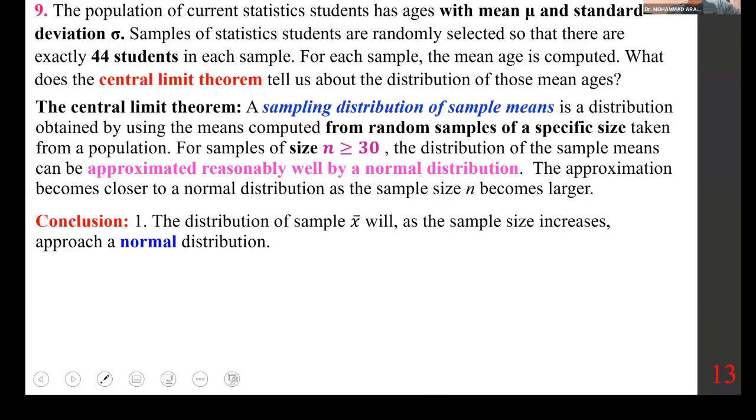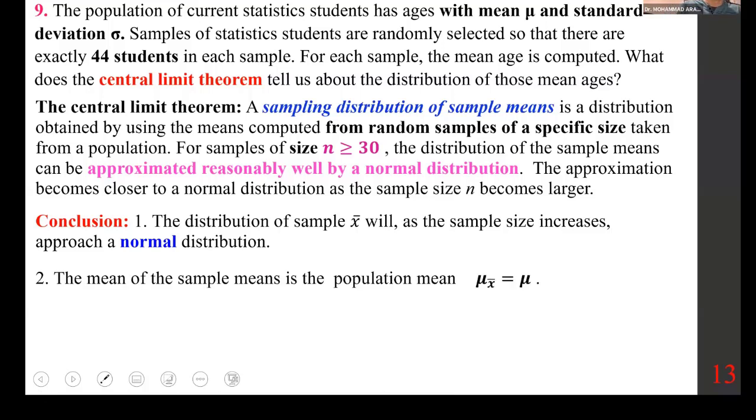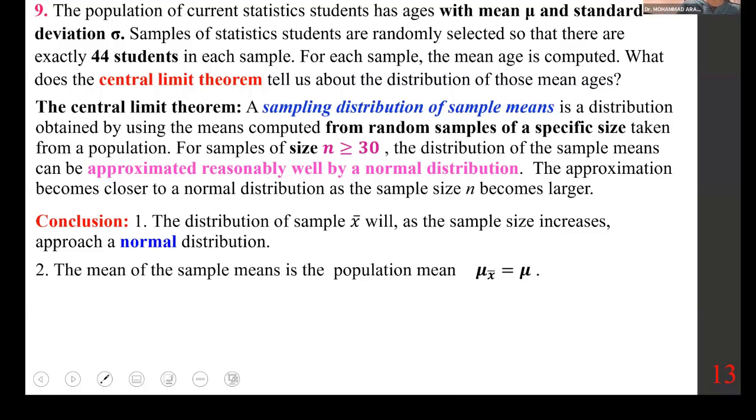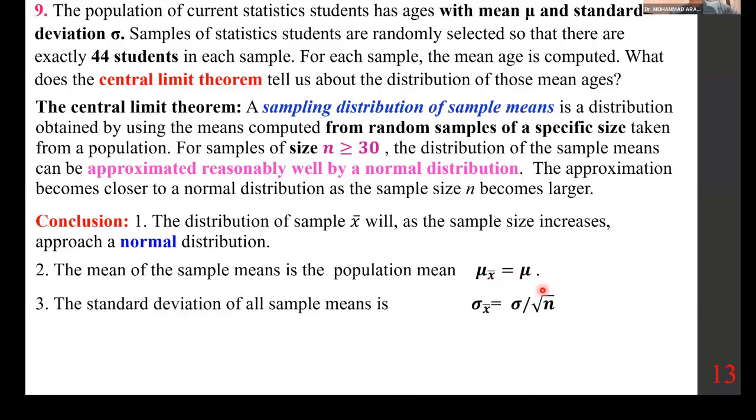Conclusion number one, the distribution of sample x bar will, as the sample size increases, approach a normal distribution. Number two, the mean of the sample means is the population mean. In other words, mu of x bar is equal to mu. The standard deviation of all sample means is sigma of x bar equals sigma over square root of n.